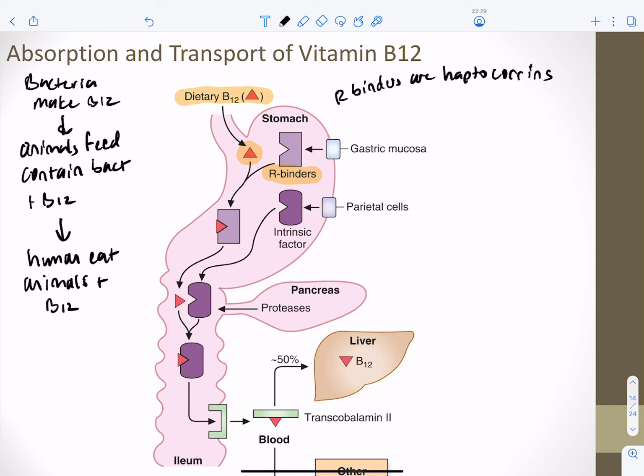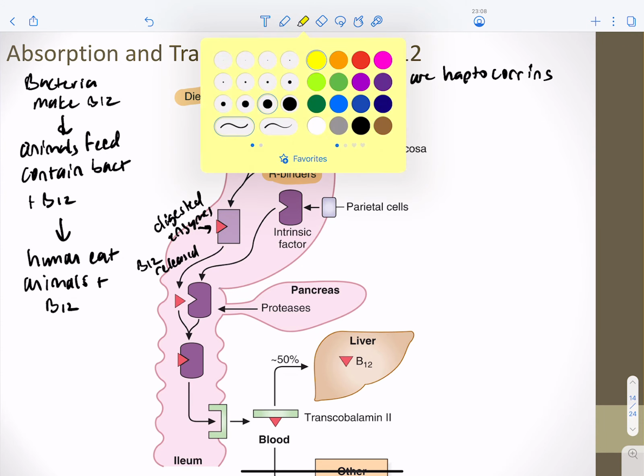Now, if the ingested B12 is bound to proteins, it has to be released by digestive proteases first. So in the small intestine, proteases will digest haptocorrins, and the B12 binds to the intrinsic factor. So your dietary B12 will bind to R binders or be bound to proteins. These will be digested by enzymes, release your B12, and then the B12 is going to bind to that very important intrinsic factor.